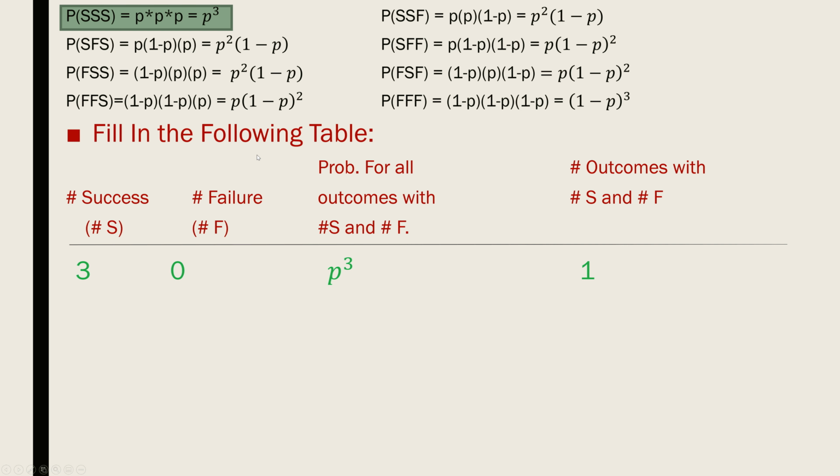First, what's the probability that we have 3 successes and 0 failures? 3 successes requires 3 S's. So the probability for the outcome with 3 S's is p times p times p.